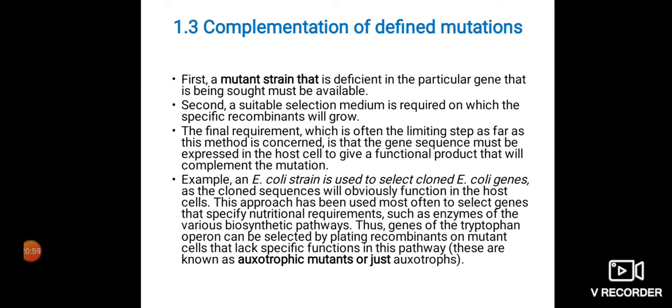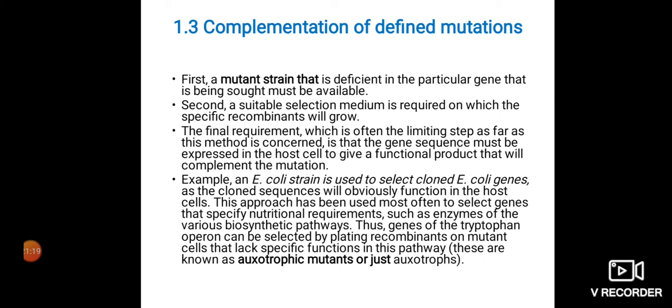If you find an inactivation of those genes, those cells are called auxotrophs. For example, the genes of tryptophan: if one gene of the tryptophan operon is mutated, then we can select the mutant based on tryptophan. If you provide tryptophan in the media, the cells will grow.